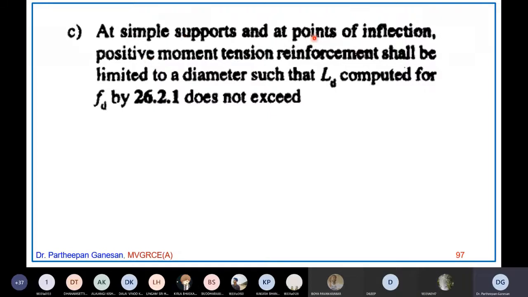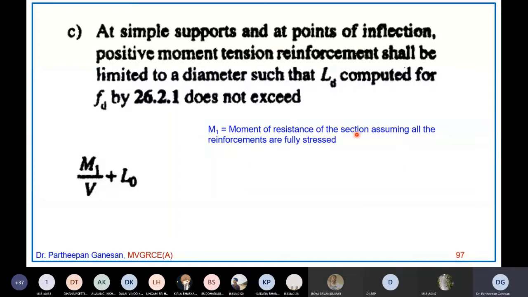So at simple support and at points of inflection, the positive moment tension reinforcement shall be limited to a diameter such that Ld, that is pi times phi times sigma divided by 4 tau bd, computed for fs, does not exceed the following value: M1/V + L0. What is M1, what is V, what is L0? It is given.